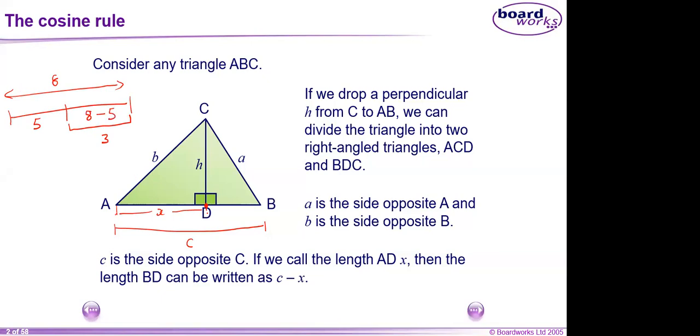Now, members, are you noticing from A to B, there is C, but from A to D, there is X. So what is going to be the distance from B to D? C minus X. Are we together on that point? Yes. Okay.